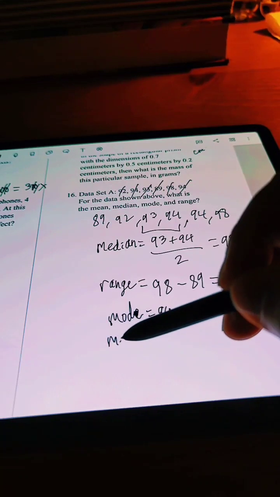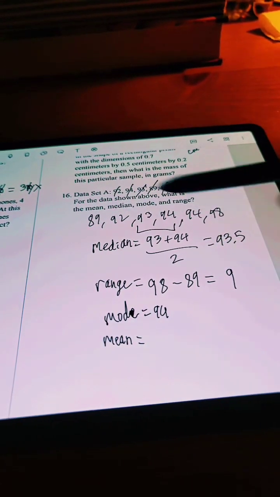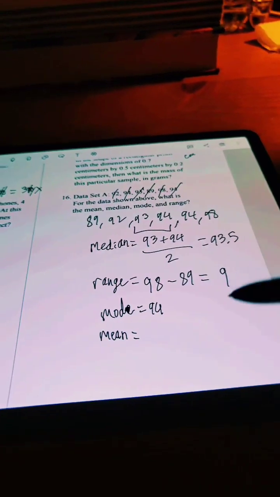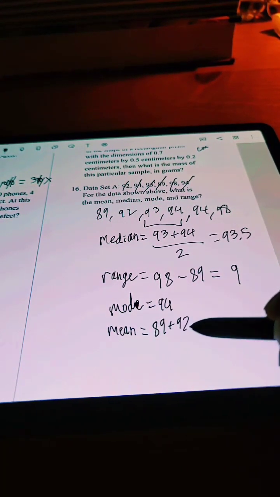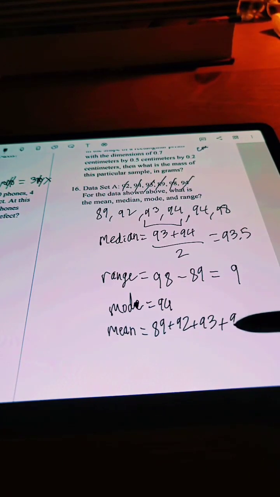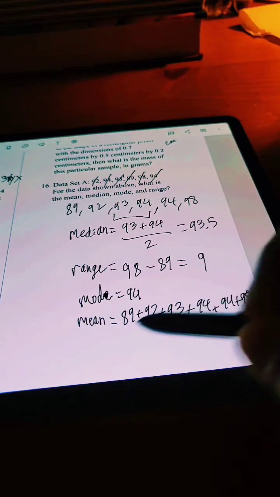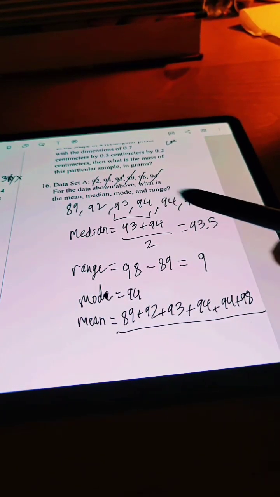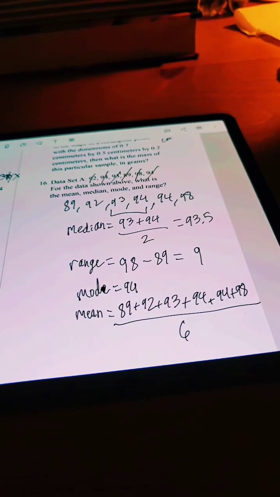And then for mean, that's just the sum of all of these data points divided by how many data points we have. So for mean, we do 89 plus 92 plus 93 plus 94 plus 94 plus 98 over 6 total points.